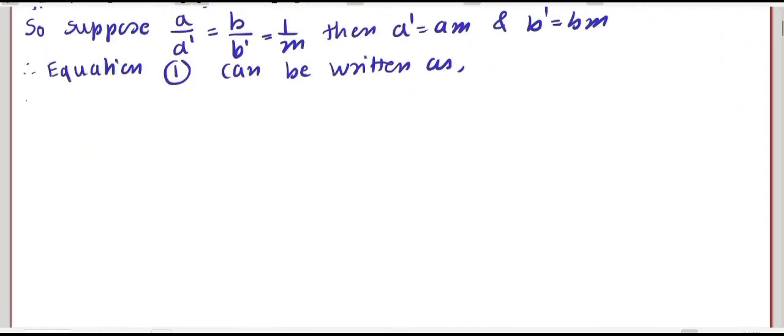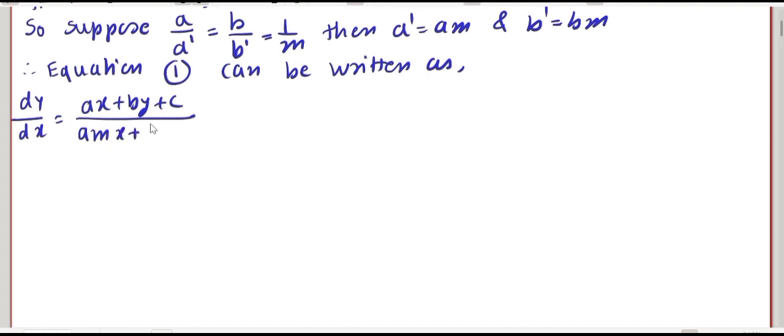dy by dx is equal to ax plus by plus c divided by, now substituting the value, ax plus by plus c dash.